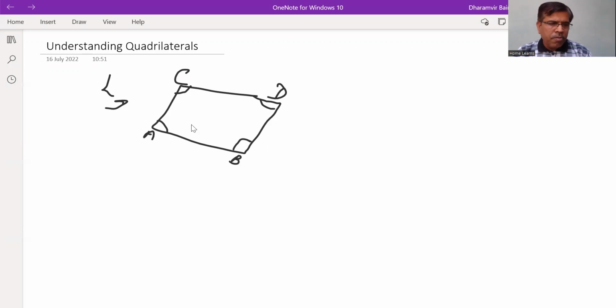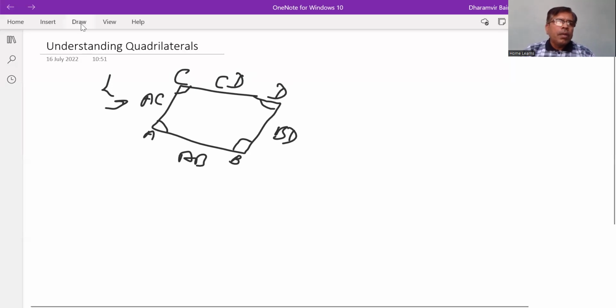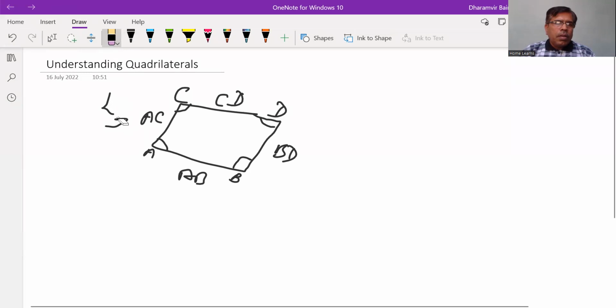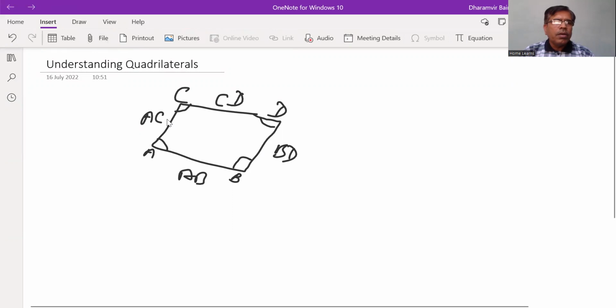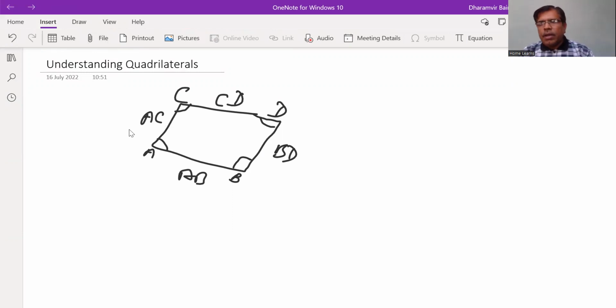Which ones are the 4 sides? AB, BD, CD, AC. This is the quadrilateral. Now this is only the definition to tell you what a quadrilateral is.